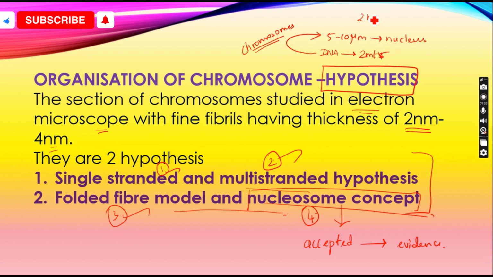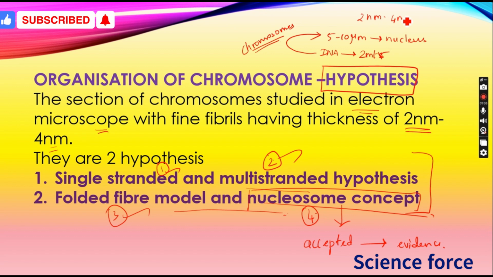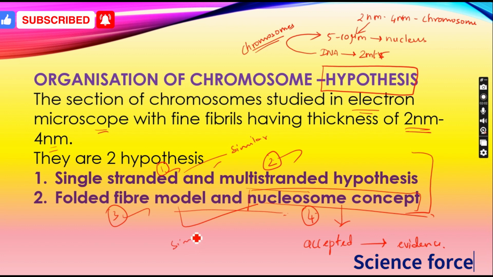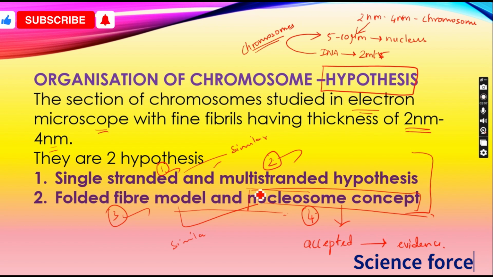A chromosome of 2 to 4 nm can fit into the 5 to 10 μm nucleus. A 2 meter DNA cannot fit, but this can. So the single-stranded, multi-stranded hypothesis and the folded fiber hypothesis are found to be similar, so I have grouped these proposed hypotheses into two. But the nucleosome concept is the accepted model.